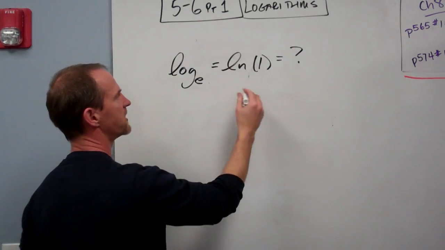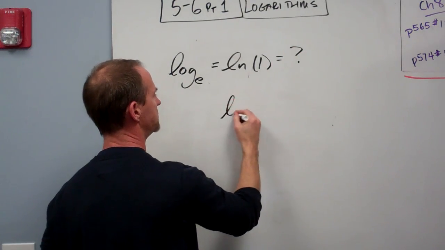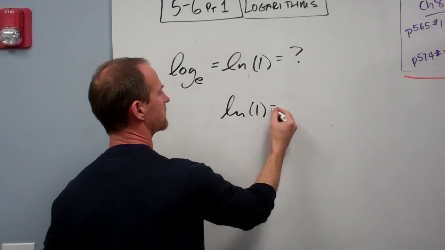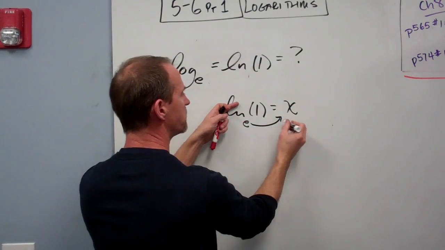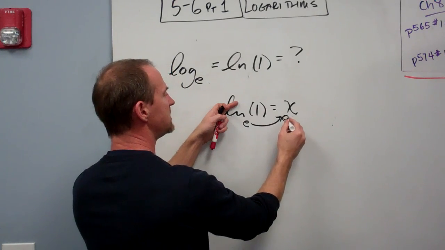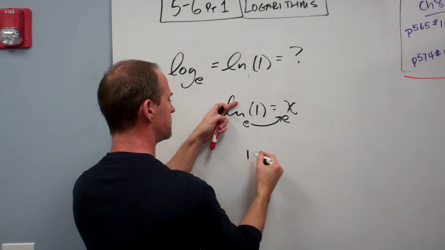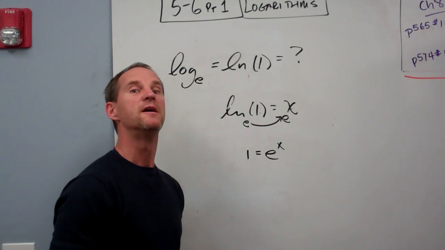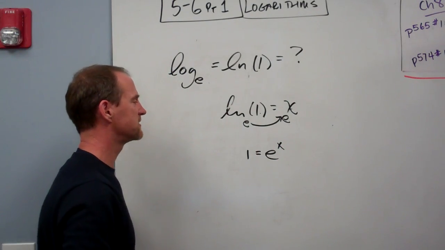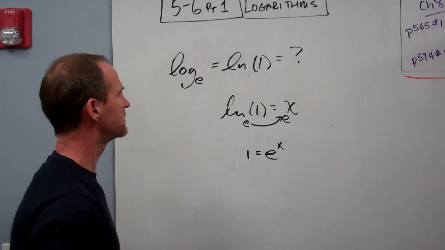Well, you'd say, okay, well, the ln of 1, that's equal to some mystery number. I'll rewrite it. Call that x. Well, that's really base e. So if I bring that e over as my base number, e to the x is equal to 1 if and only if x is what value? 0. Very good.